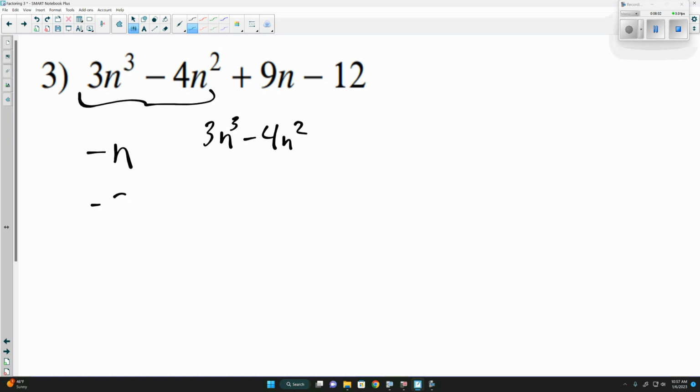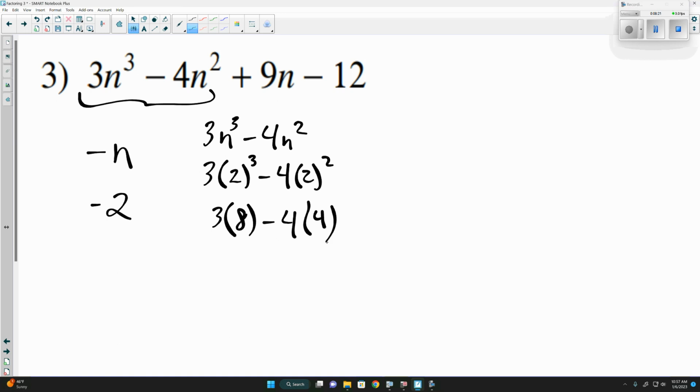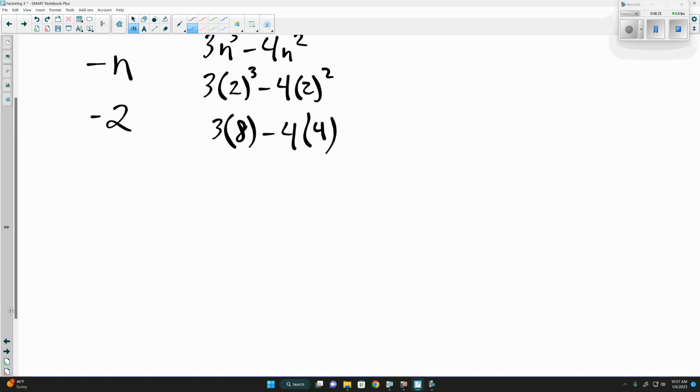So here we would have negative 2. Over here we can plug it in: 3 times 2 cubed minus 4 times 2 squared. 2 cubed, 2 times 2 is 4, times 2 is 8. 2 squared is 4. 3 times 8 is 24 minus 16, and 24 minus 16 is 8.